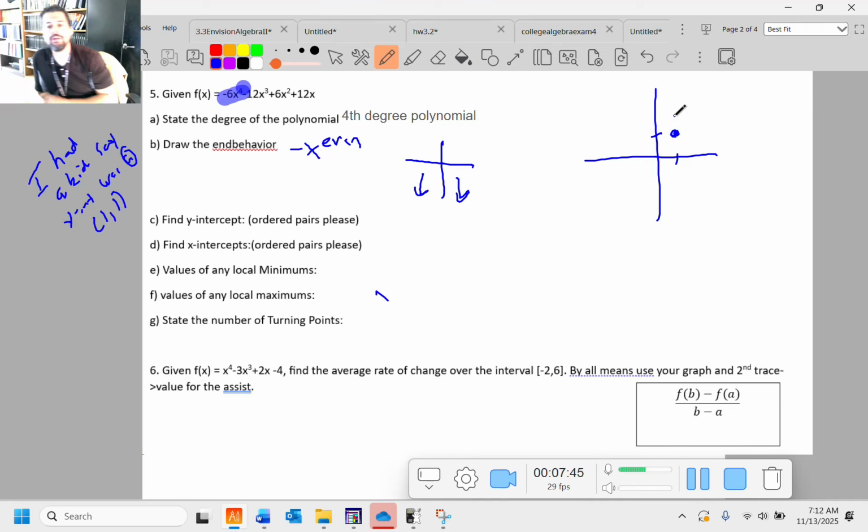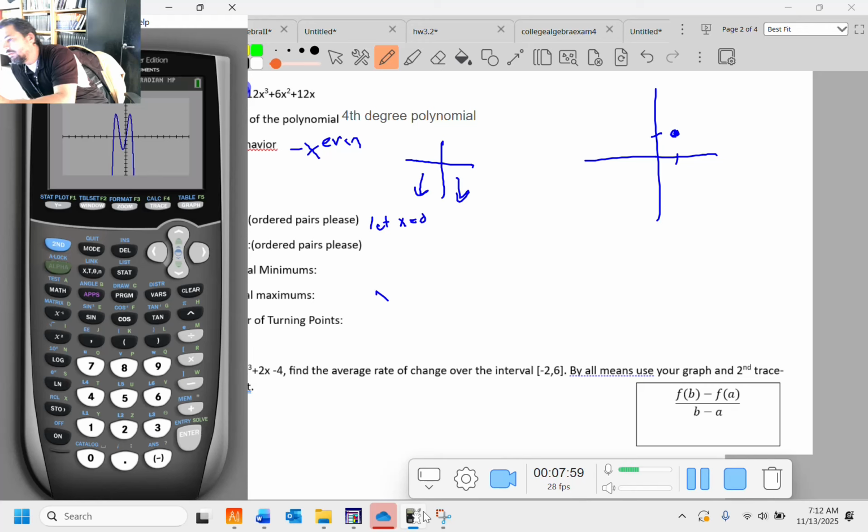That's where 1, 1 would be on a graph. You're a junior in high school. The y-intercept happens when you let x be 0. Remember, we let x equal 0. And Lord help you if you can't look at a graph and figure it out, but you can hit second trace, value, let x be 0, and there she is, 0, 0.